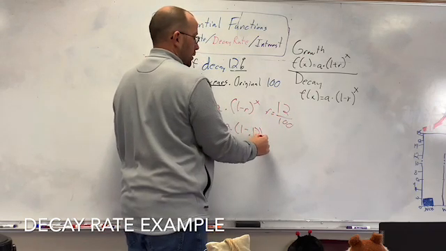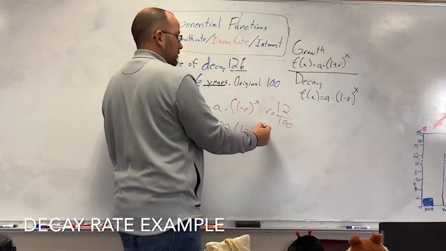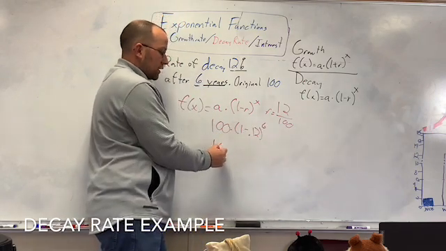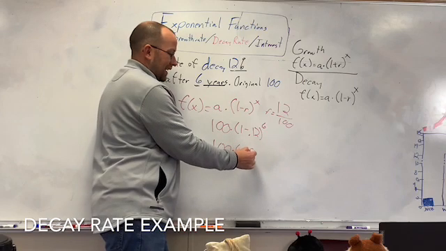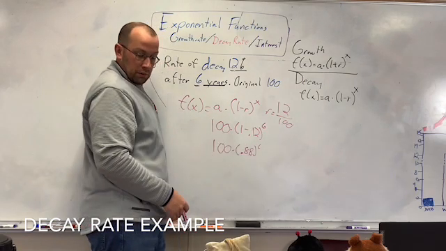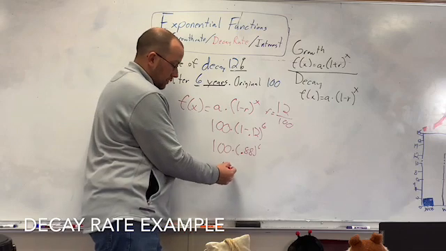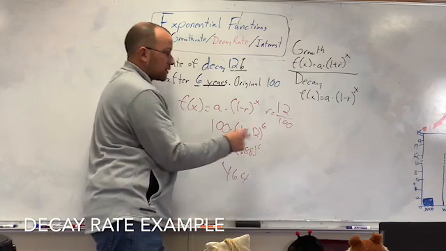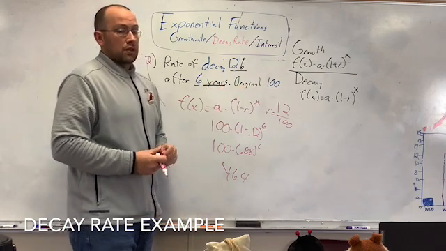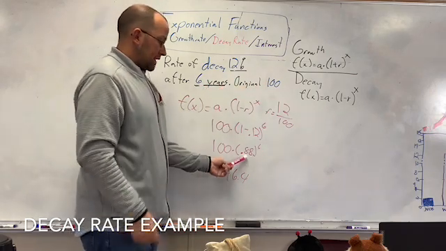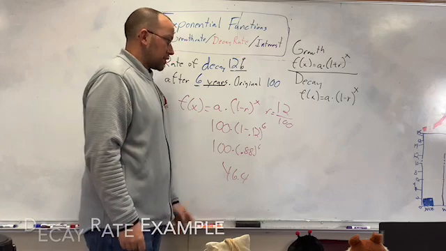That gives me 0.12, and x is our number of years, so 6. So if they ask you for what the decay rate here is, it'd actually be 0.88. All right, so when we do all that out, we get 46.4 is what's left after it decays at 12% for 6 years if you originally have 100. So that's the decay rate, and that's what you have left after 6 years.